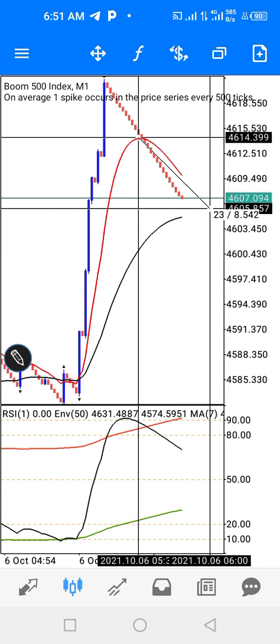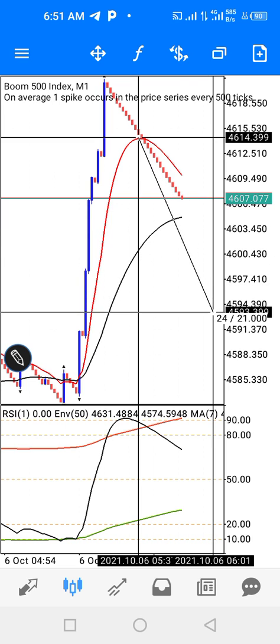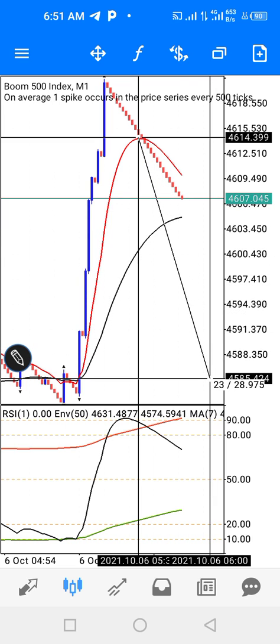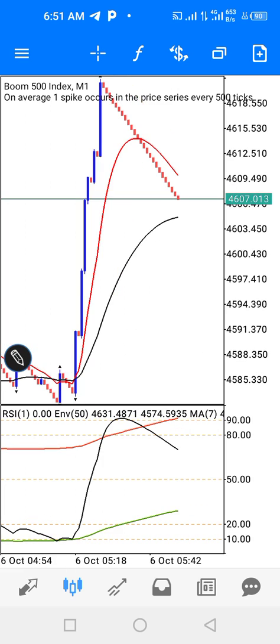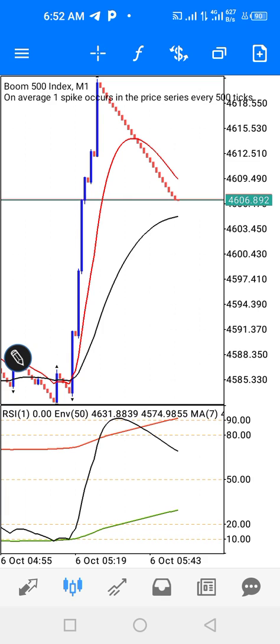You can see it's still running, right? You can conveniently trade it till your RSI, your moving average gets to your 50 level or your 20 level, or you have your upper Bollinger Band coming down to the 50 level or 20 level. Do you understand? So that is what you consider on buy.